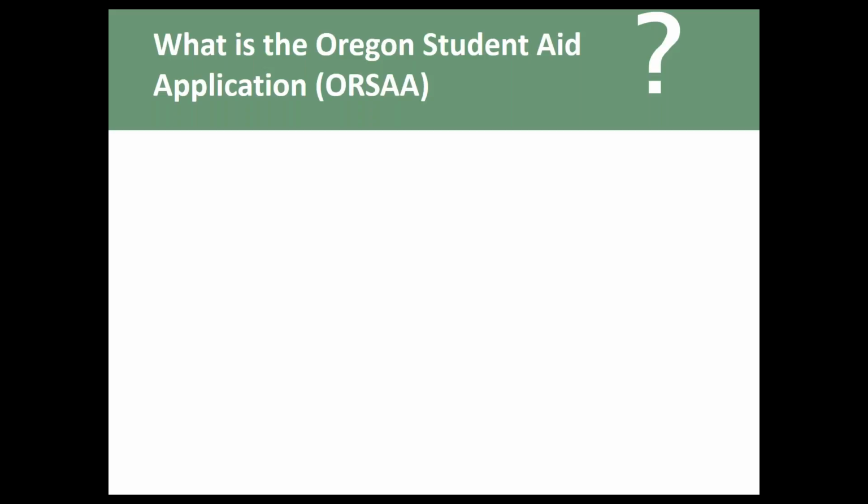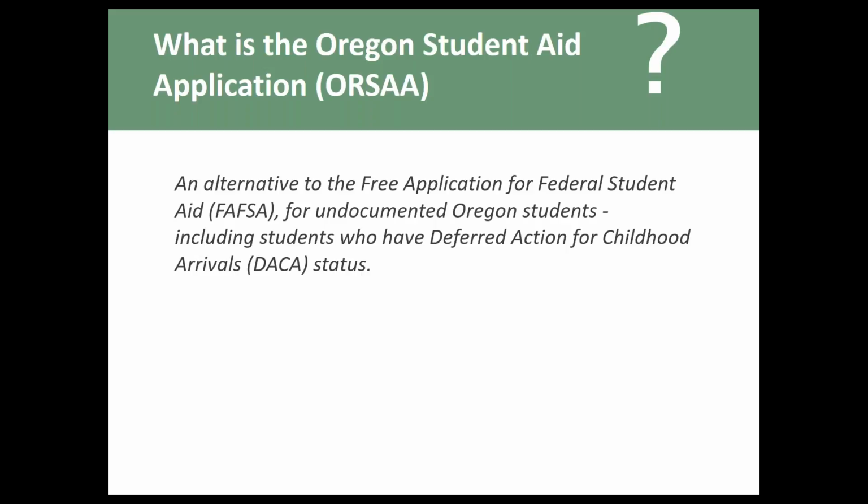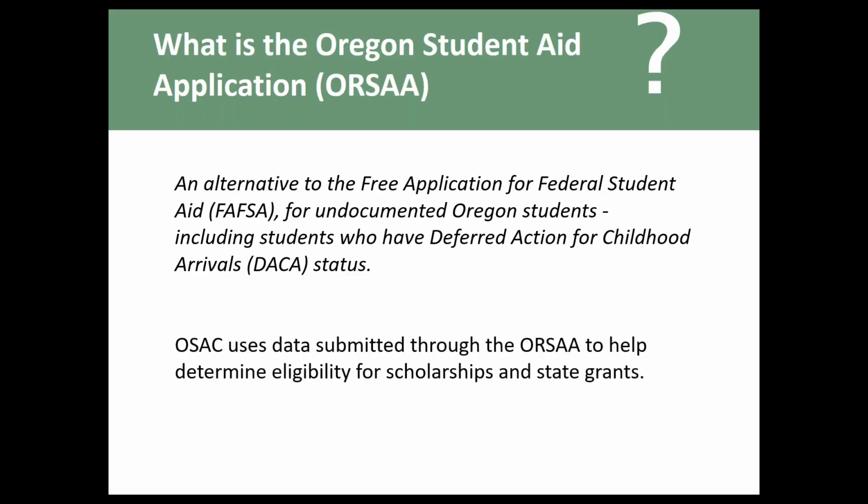So first of all, what is the Oregon Student Aid Application, ORSAA? The ORSAA is an alternative to the FAFSA for those who have DACA, Deferred Action for Childhood Arrivals status, and for undocumented students. Our office uses the data to determine whether students are eligible for our OSAC scholarships and also for state-funded grants.